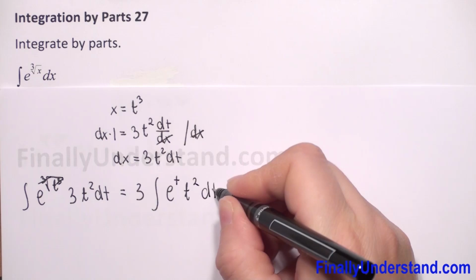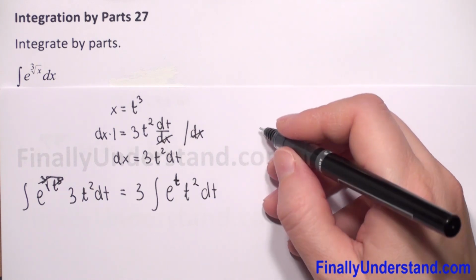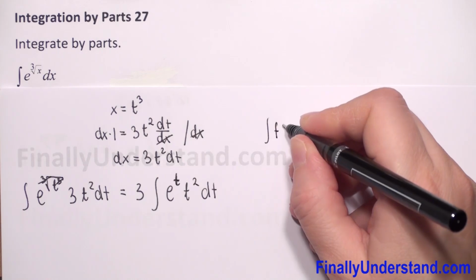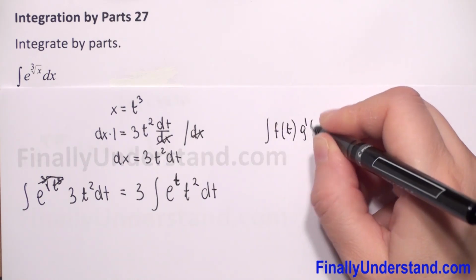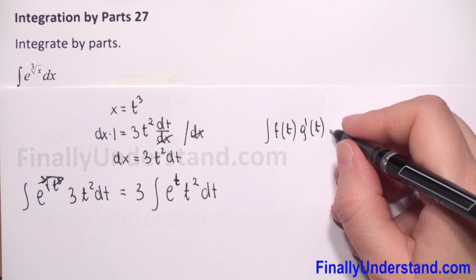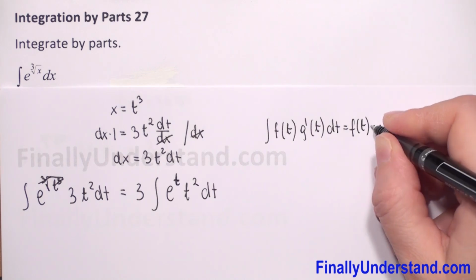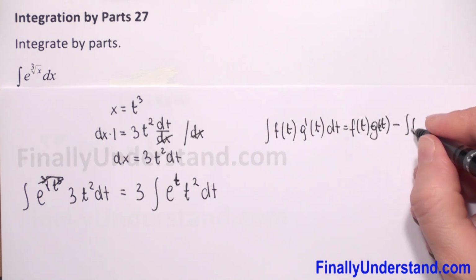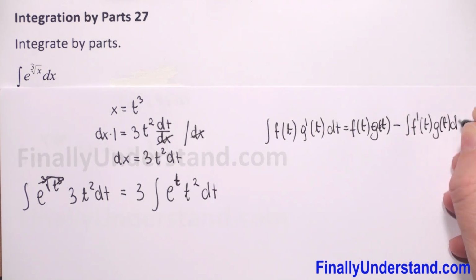To solve this problem, now we can use the integration by parts formula. Let me remind you, when you have the integral of f of t times g prime of t with respect to t, this is equal to f of t times g of t minus the integral of f prime of t times g of t with respect to t.